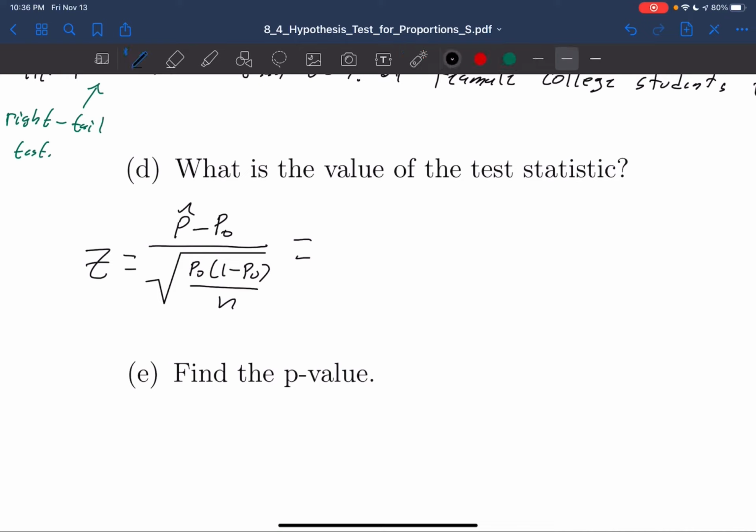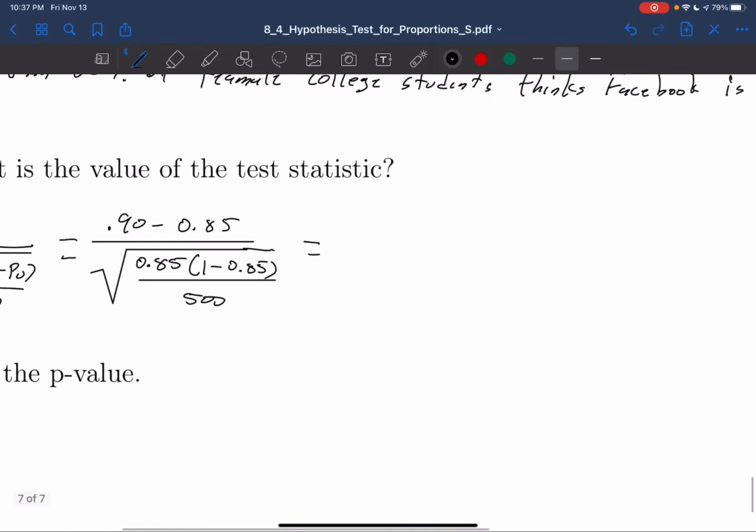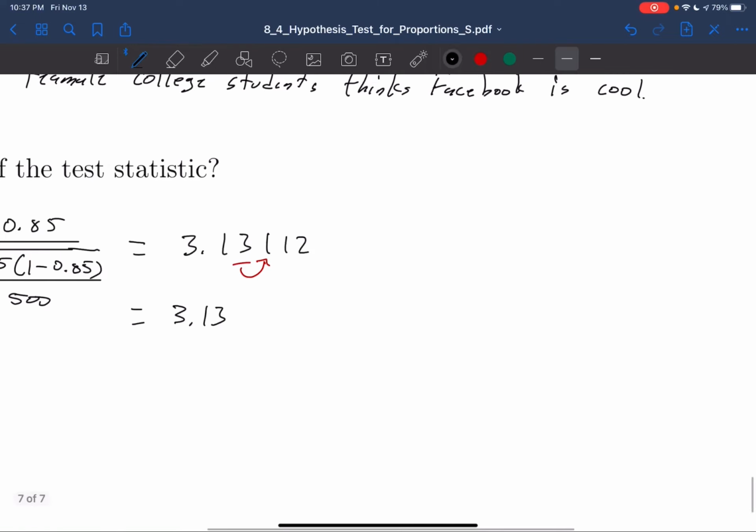So this is going to be equal to 0.90 minus 0.85 divided by the square root of 0.85 times 1 minus 0.85 divided by 500. And if you put this in your calculator, you should get 3.13112. But we want to round to 2 decimal places. So our test statistic, Z, is equal to 3.13.